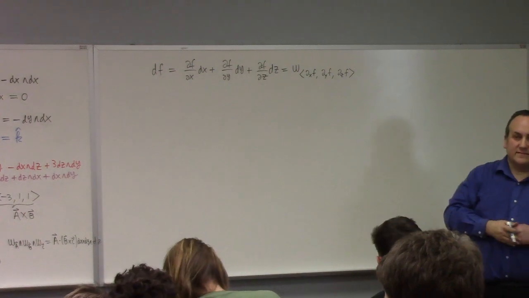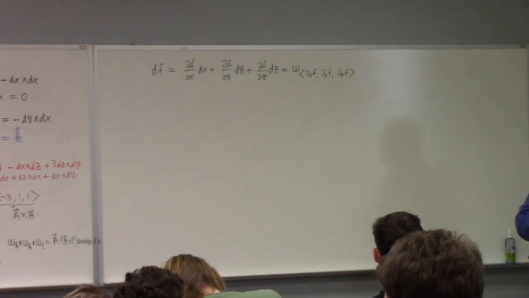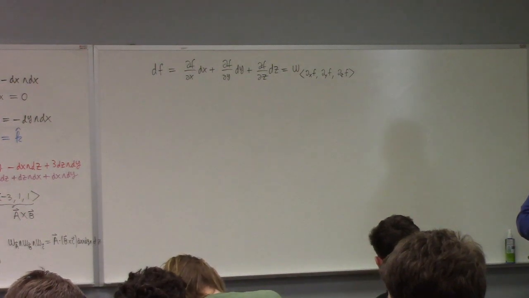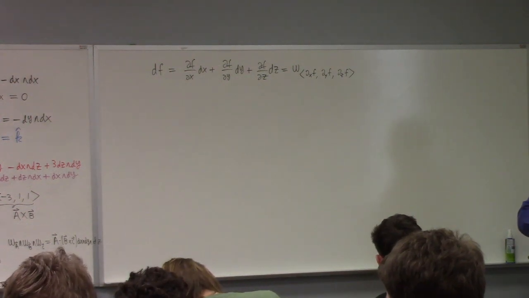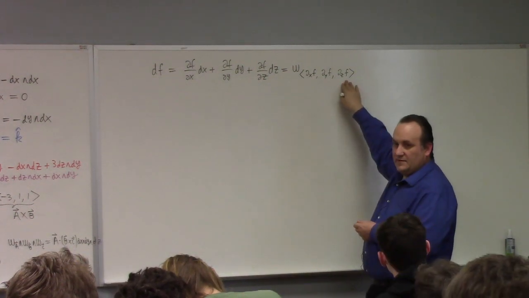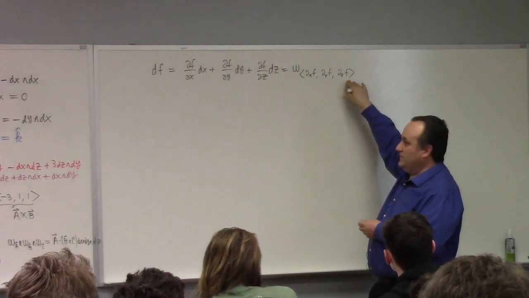What is that? That has a name. Nobody? Surely somebody remembers the name of this from Calculus 3. What is this vector field with relation to the function f? F is a function, this is a vector field, what's it mean? We have a notation for this, it's what?